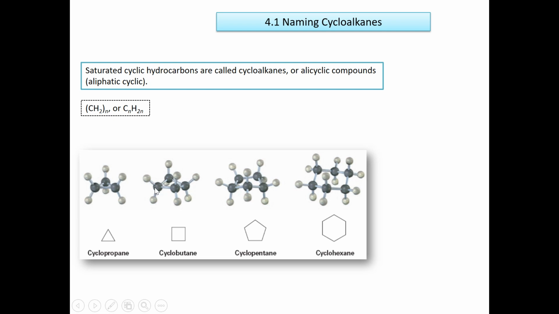This is 4, butane. This is 5, pentane. This is 6, hexane. But with the cyclo name just before. That means this will be cyclopropane, this will be cyclobutane, this will be cyclopentane, and this will be cyclohexane.